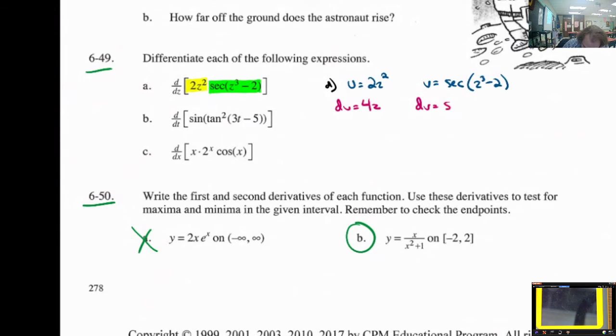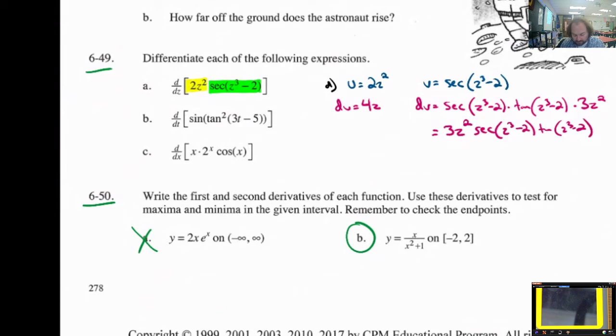So it's going to be the secant of z to the third minus 2 times the tangent of z to the third minus 2, and you have to multiply that times 3z squared. So let's see. I'm going to rewrite that as the 3z squared in front, secant of z to the third minus 2, tangent of z to the third minus 2.